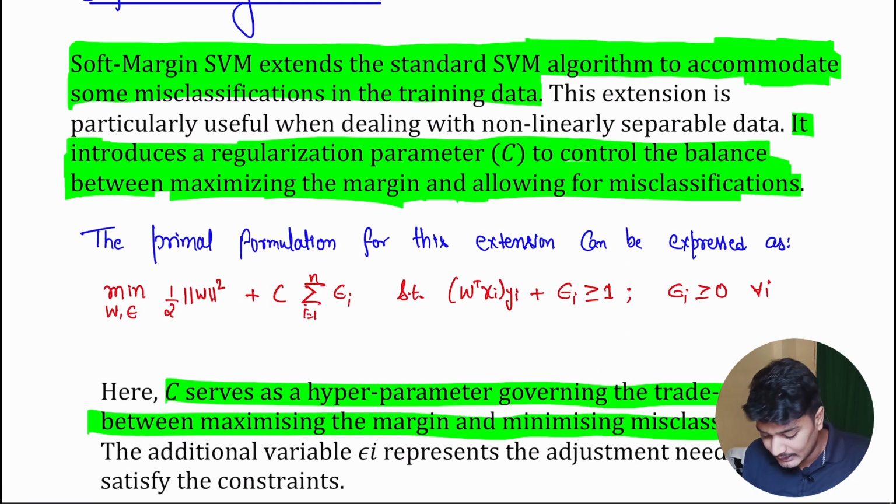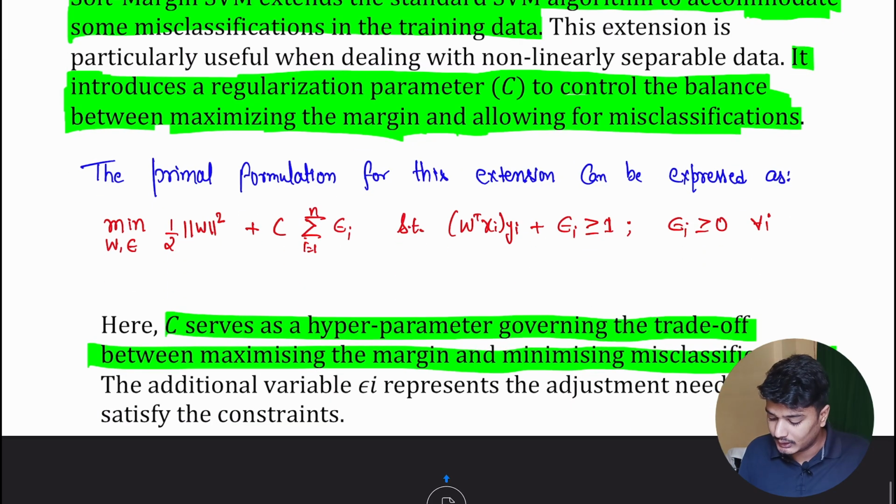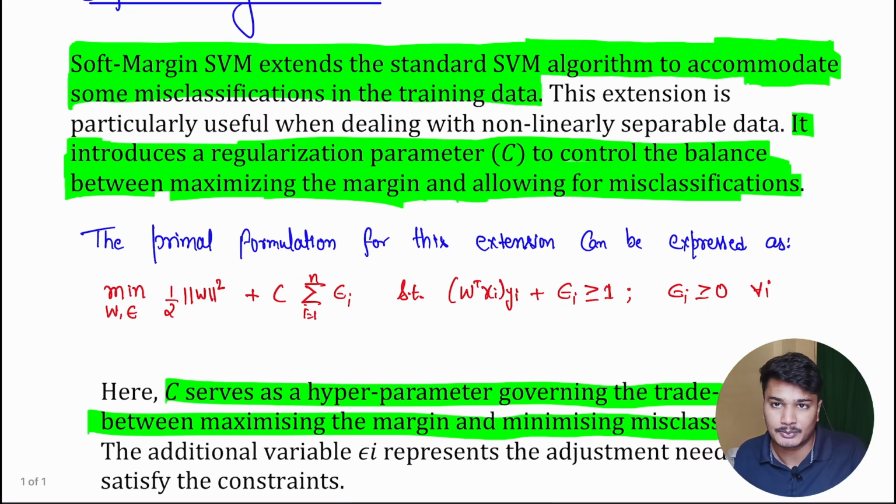So what we do, we have this. The primal formulation for this extension can be: minimize this, plus this, such that we have this constraint, where epsilon I is greater than or equal to 0. Here, this C serves as the hyperparameter governing the trade-off between maximizing the margin and minimizing the misclassification.